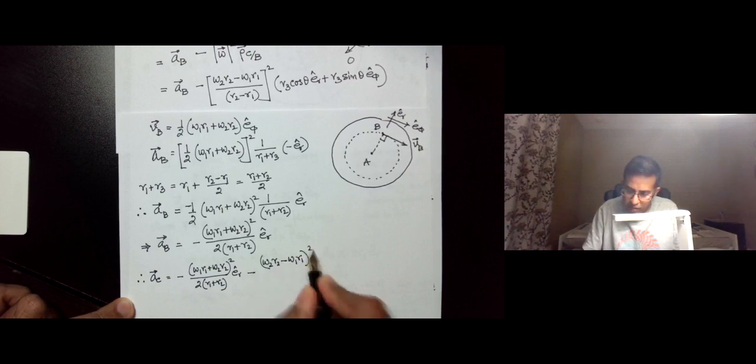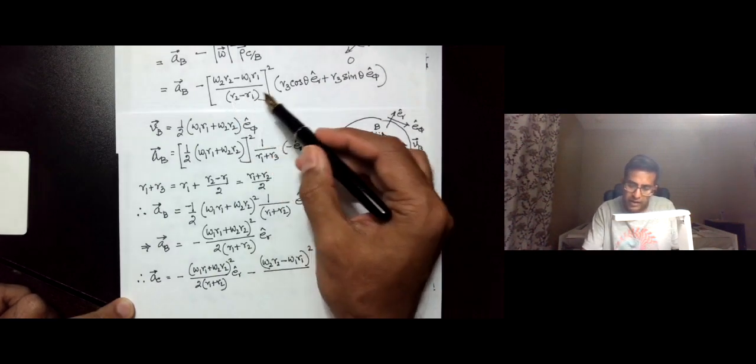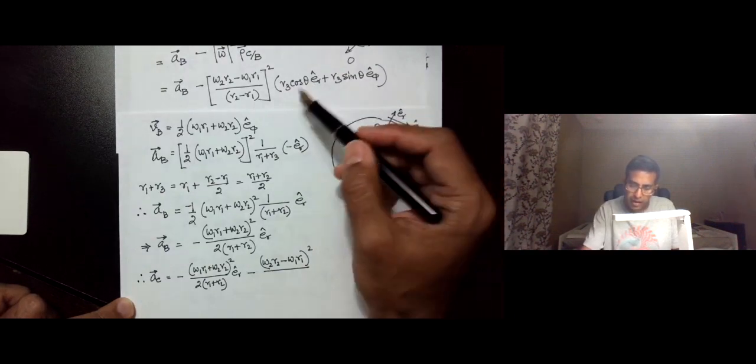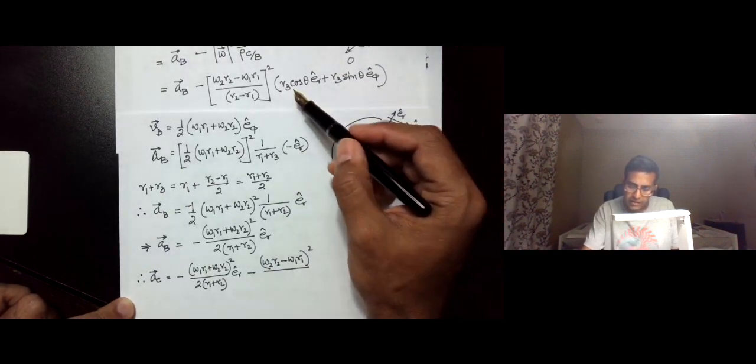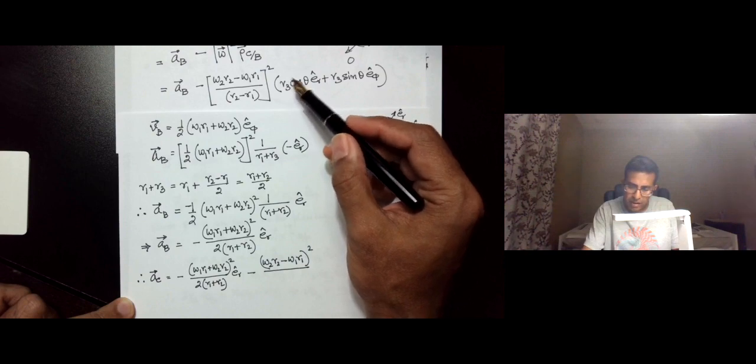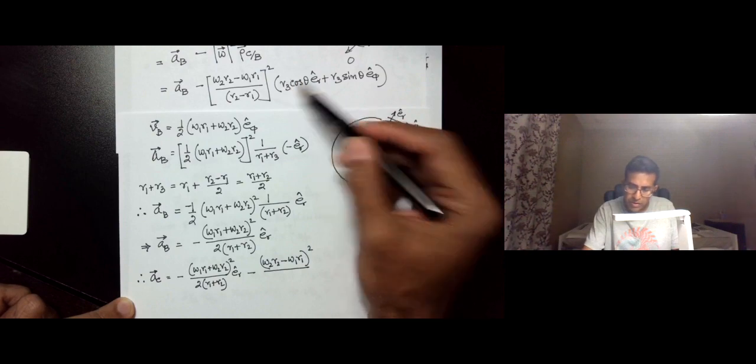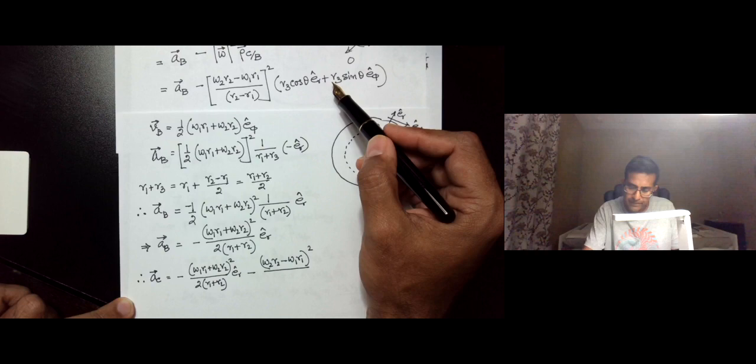minus (omega 2 R2 minus omega 1 R1) whole squared divided by, now here you'd have (R2 minus R1) squared, but we know that R3 is equal to (R2 minus R1) divided by 2, and there are two R3s here.